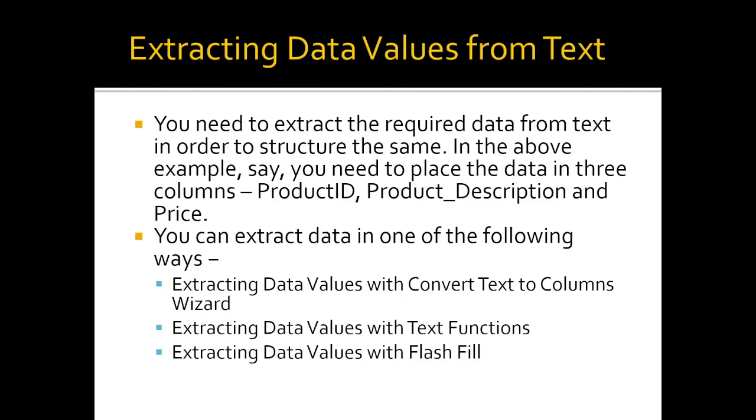The first way is extracting data values with the Convert Text to Columns wizard. Another way is to extract data values with text functions. And another way is to extract data values with Flash Fill. We'll be discussing how these three ways work.